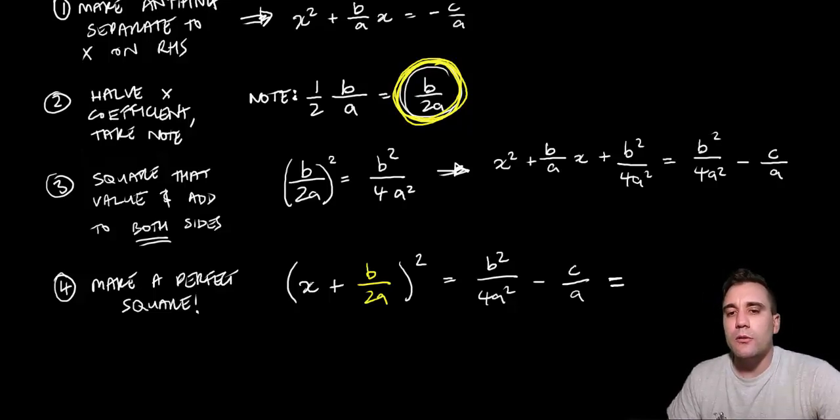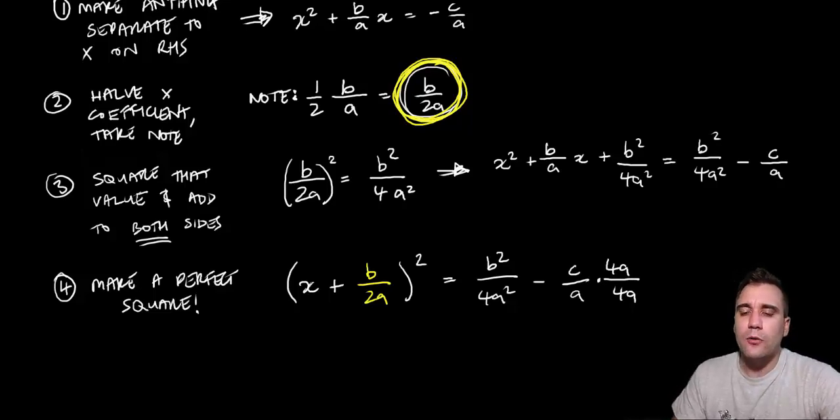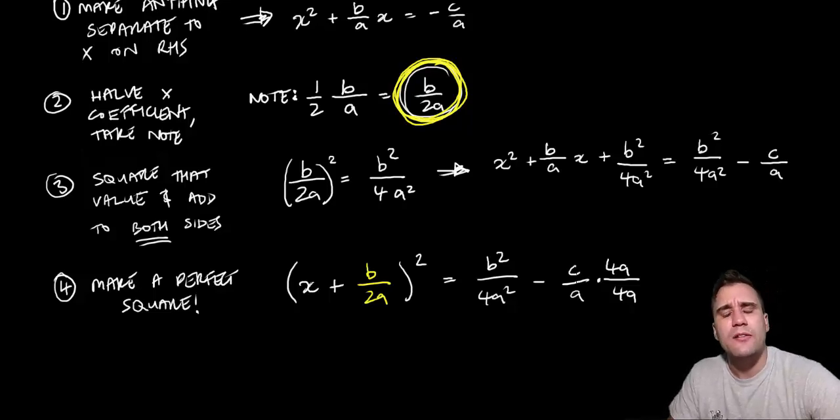So we can do a bit of multiplication here, and what I mean by that is, if I multiply this c on a term over here by 4a on 4a, is that alright? Can I do that? Well, what is 4a on 4a? Anything over itself is just 1, so we're really just multiplying the fraction by 1, and that's totally fine.